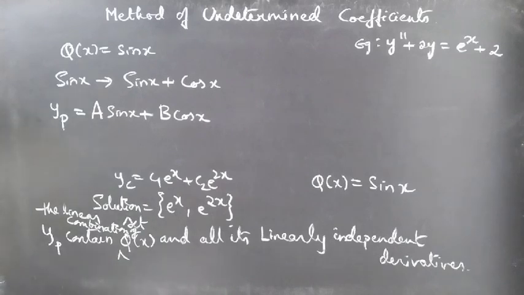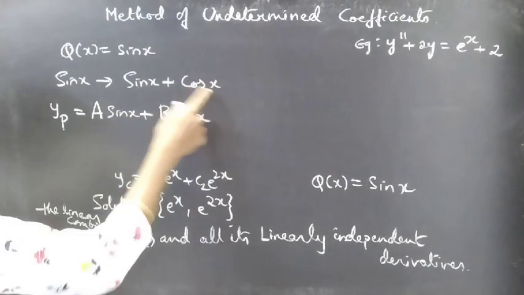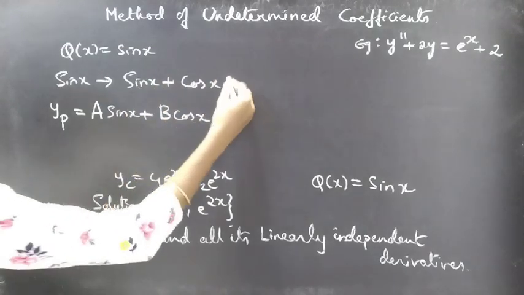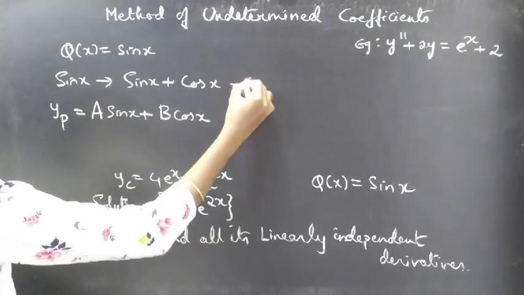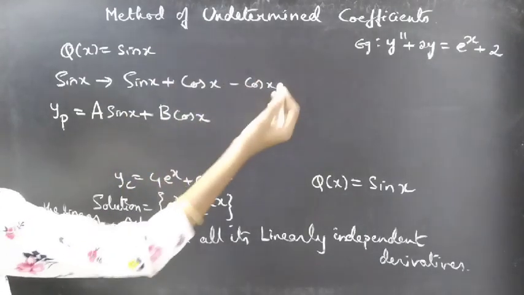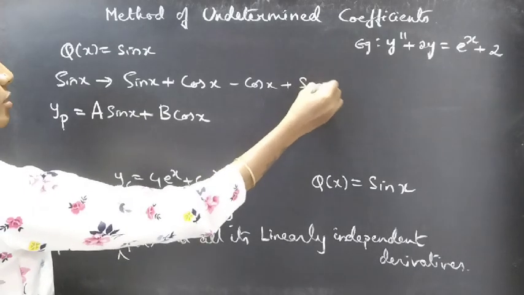So you need to get a finite set of q of x and its derivatives to find yp. If you repeatedly find derivatives of these two, the derivative of sin x is cos x, and the derivative of cos x is minus sin x.